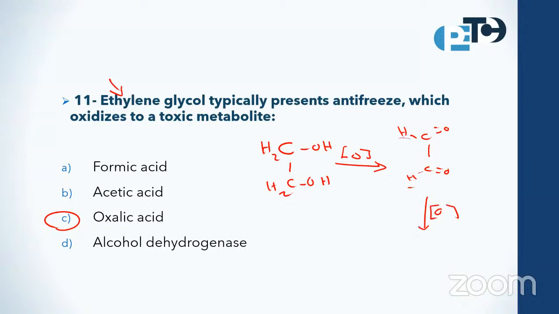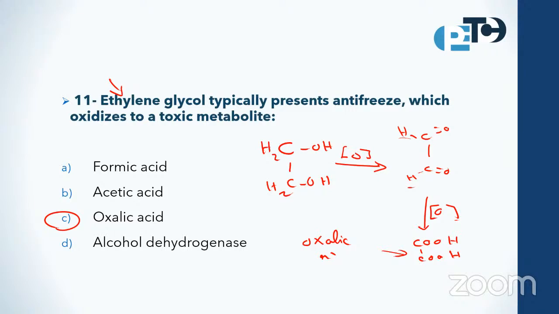What is the result? COH and COOH. What do we call this structure? It is oxalic acid. So the resultant acid from oxidation of ethylene glycol is oxalic acid, which leads to the toxicity of the ethylene glycol.